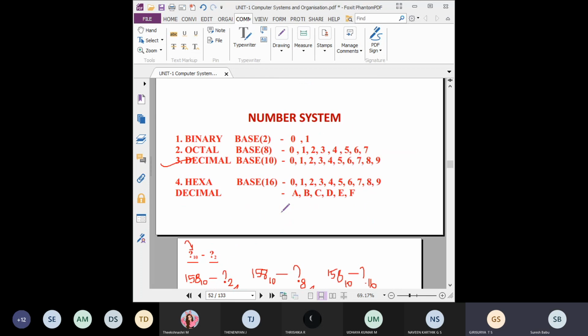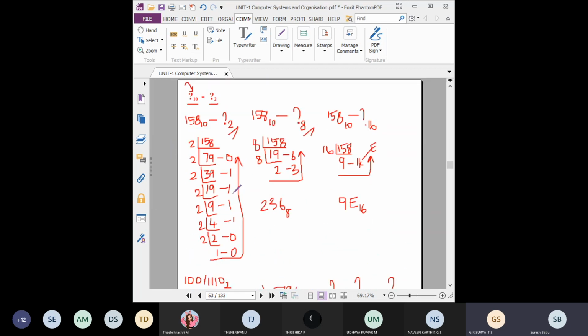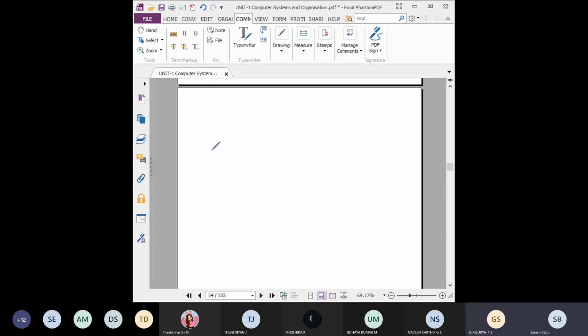Next, we are going to see binary to other number systems. Binary to the other three number systems. Binary means what is the base number? 2. So here this is the question.